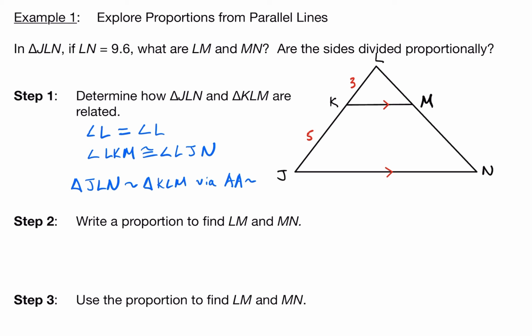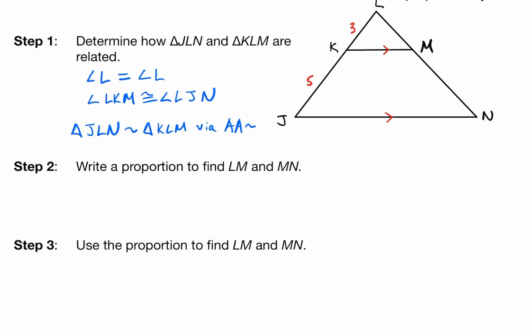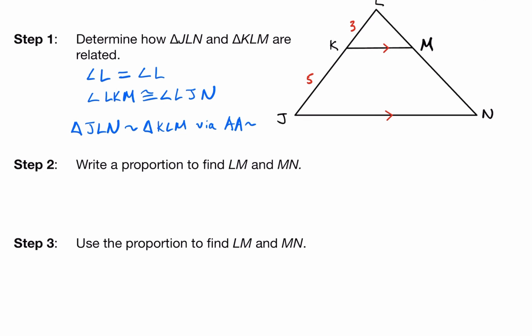Because those triangles are similar to each other, we know that there are proportions between respective sides. So let's go ahead and establish proportions to find LM and MN. The first thing we're going to do is establish the following. We're going to say that LK divided by LJ is equal to LM over LN.